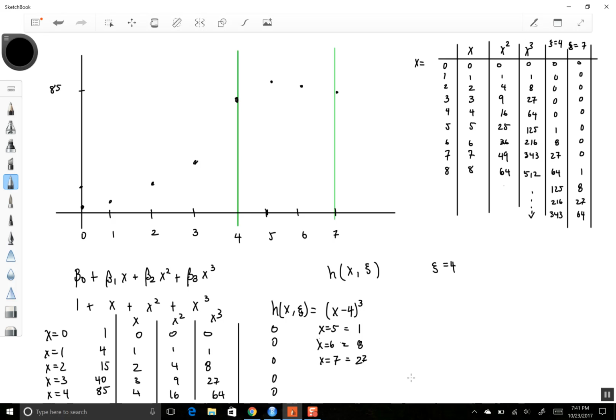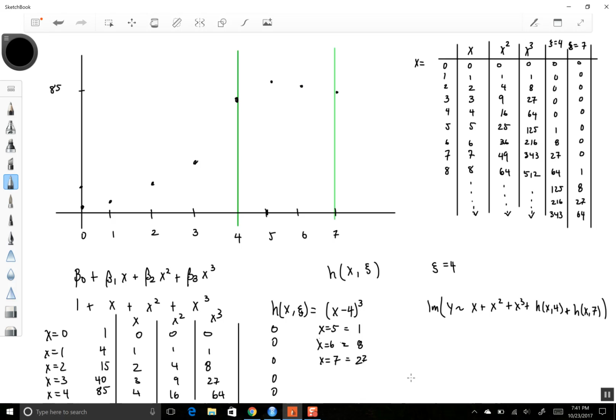Okay, so you just have another term to throw into your linear model, and you would just ask R. You would do lm of y as a function of x plus x squared plus x cubed plus h of x with 4 and h of x with 7, and it would try to fit some kind of cubic basis spline there.